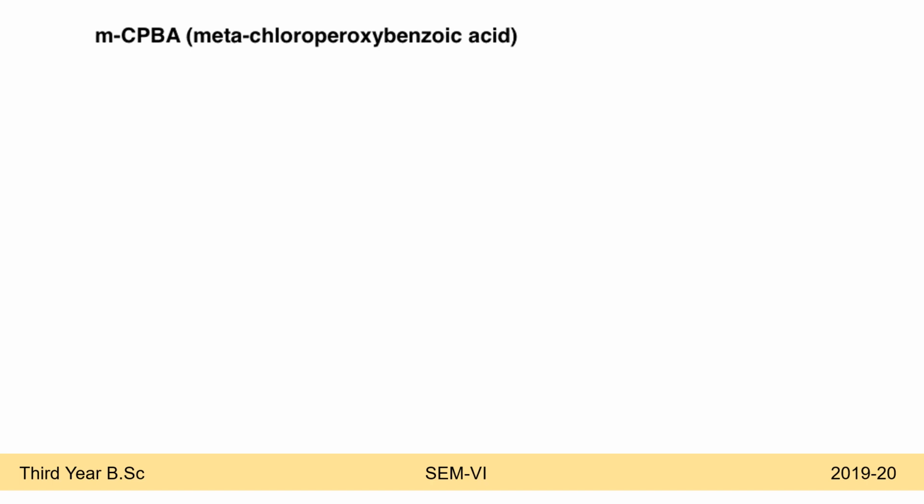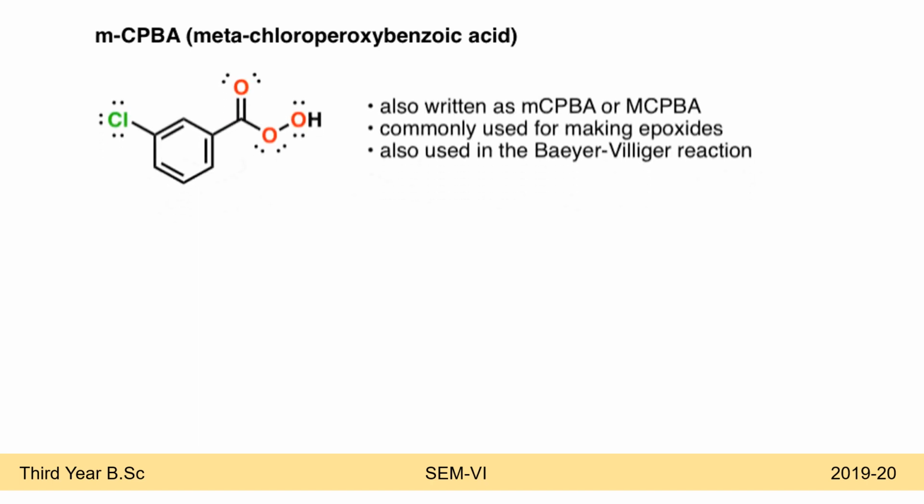The next reagent is mCPBA, which is nothing but metachloroperbenzoic acid. This is the structure of metachloroperbenzoic acid. Actually, a peroxy acid is a carboxylic acid with OOH instead of OH. In case of carboxylic acid, the OH group is there, while in this case OOH is there.